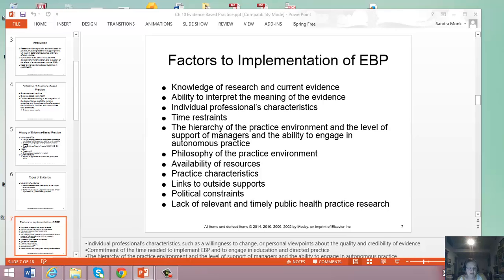Are there links to outside supports if you need outside support, such as teaching facilities, or a teaching health department, or a university? Political constraints and a lack of relevant or timely public health practice research. So there can be barriers, and there can be opportunities, and there can be ways to overcome each of those.